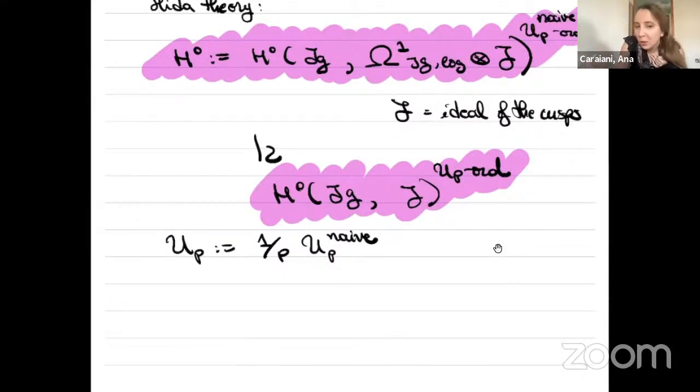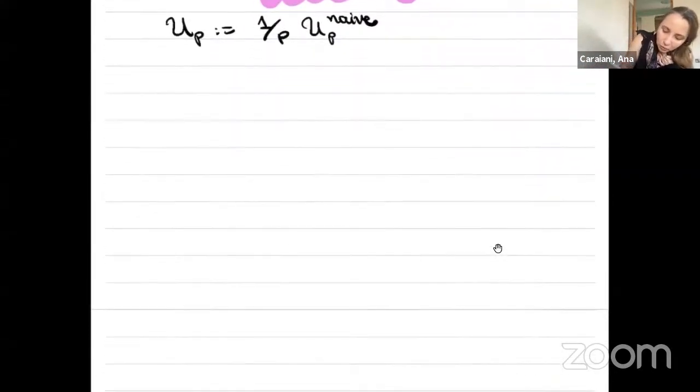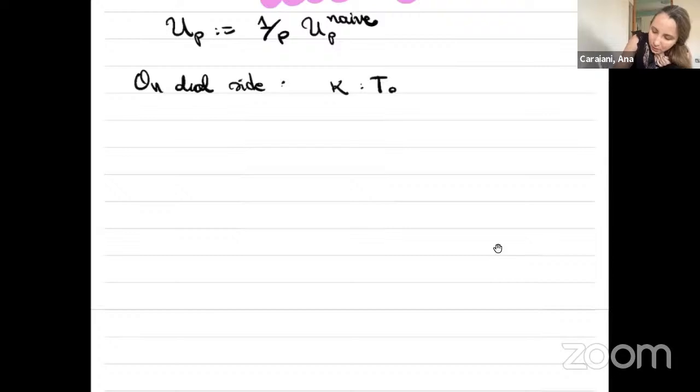What Boxer and Pilloni work with, for instance, in order to construct families, so finite projective modules over the Iwasawa algebras, they work with something that's dual. And so on the dual side, you can look at the universal character of the Z_p points of the torus, so valued in the Iwasawa algebra.